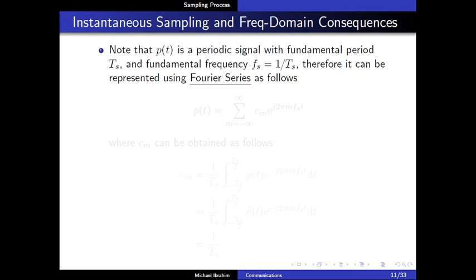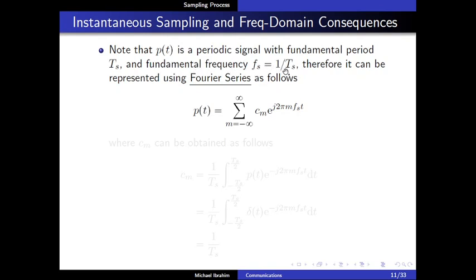So we're going to be using Fourier series. Fourier series is a tool used to represent periodic signals. So we want to basically express p of t as a summation of Cm, which is a constant or coefficient, times e to the power j2 pi m fs t. Ts is the fundamental period, and fs is the fundamental frequency.